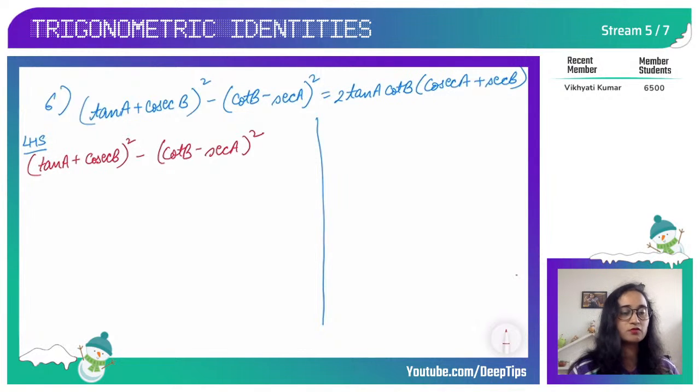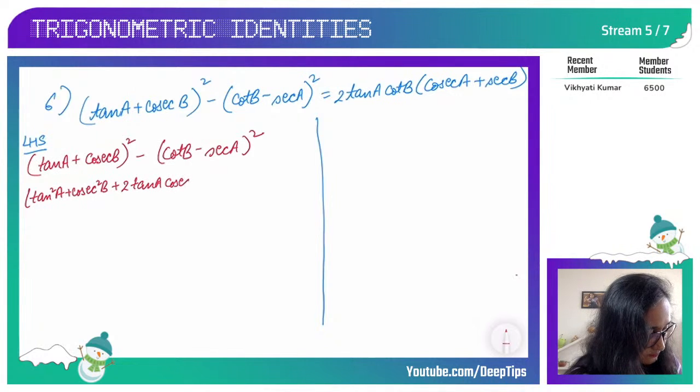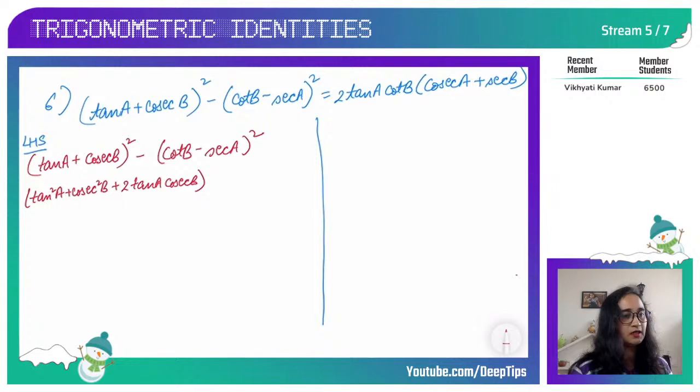To solve this, there is a whole square in both the brackets, and I know the formula for (A plus B) whole square. So let's apply that: tan square A plus cosecant square B plus 2 tan A cosecant B. This is my formula for (A plus B) whole square.